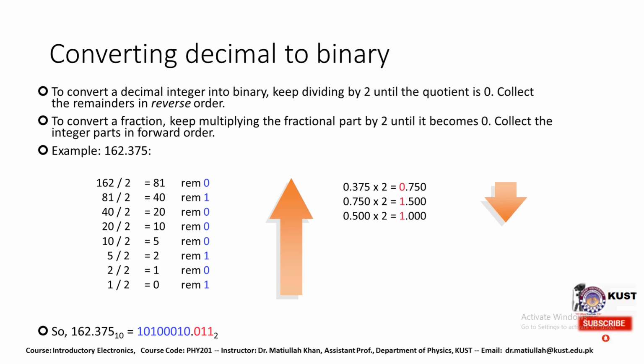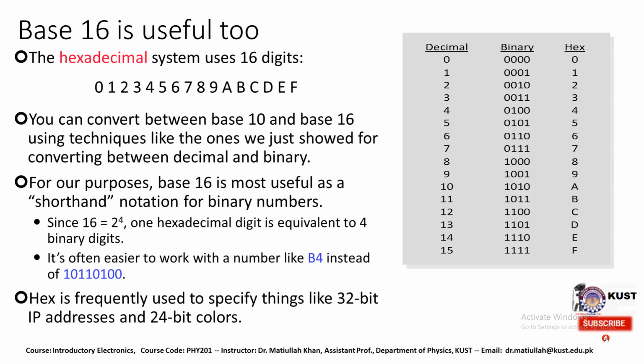In case of 81, it will have one remainder, and then 40, 20, 10, 5, 2, 1, 0, and then finally we read the remainders from the end, and we can find the binary equivalent.